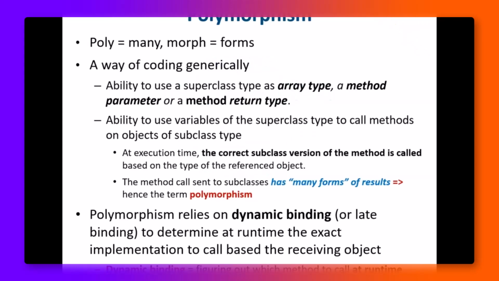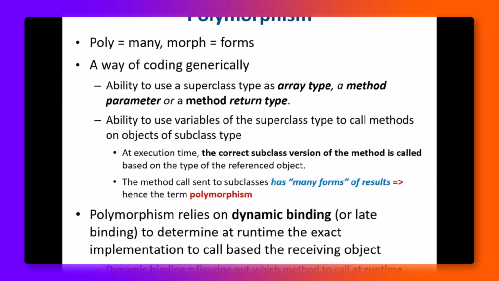This lecture is about polymorphism in the context of object-oriented programming. If you don't know what polymorphism is, it is doing one thing in multiple different ways. Doing the same thing, but in different ways. Poly means many, morph means form. So, many forms.